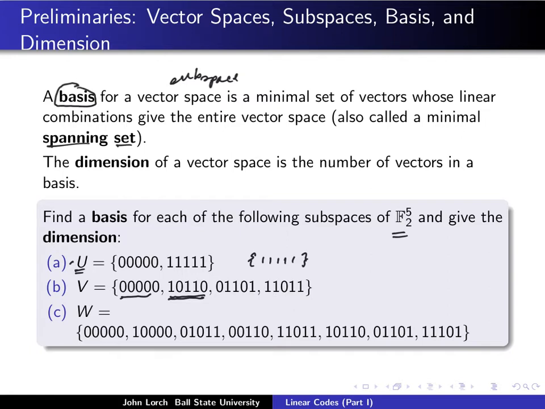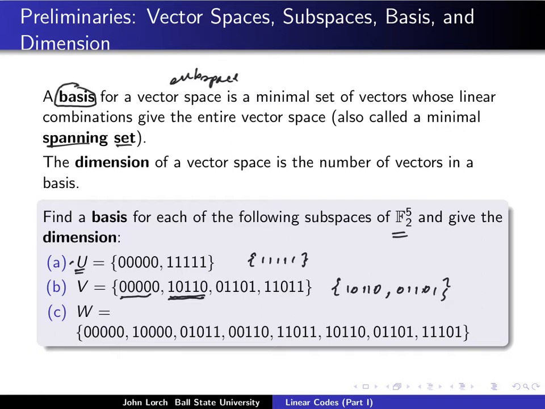However, if you use 1, 0, 1, 1, 0, say, and 0, 1, 1, 0, 1, that will form a basis, right? Because every single vector in V can be expressed as a linear combination of those two vectors, and further, there's no smaller set of vectors that will suffice to do such a thing.